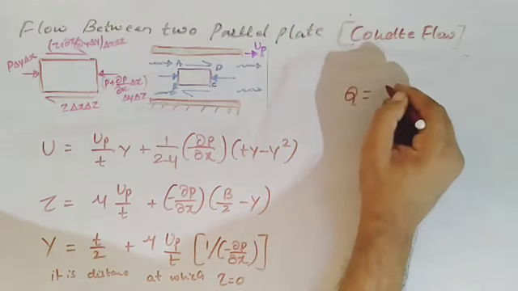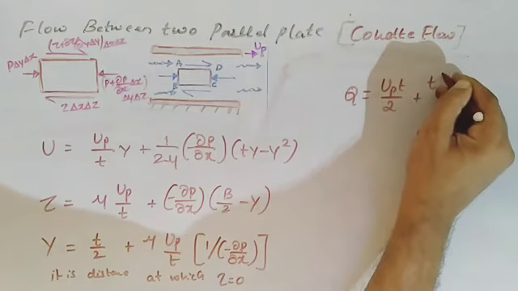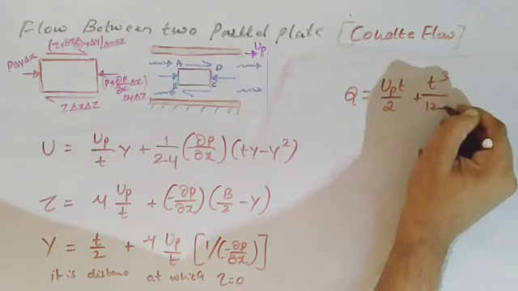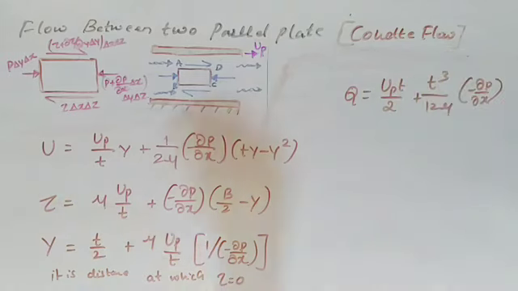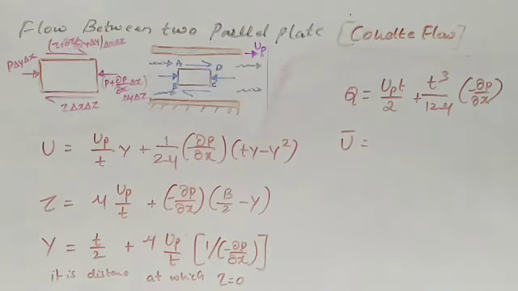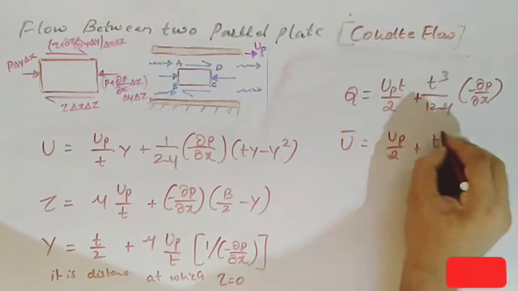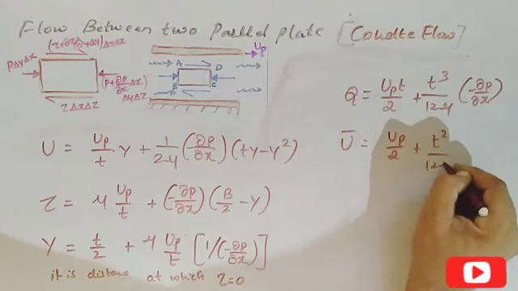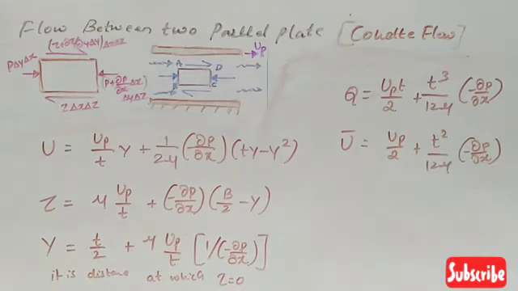Next we have identified the discharge through these plates, that is q equals u_p t divided by 2 plus t cube by 12 mu into minus dou p by dou x. Then we have identified the average velocity, that is u_p divided by 2 plus t square by 12 mu into minus dou p by dou x.